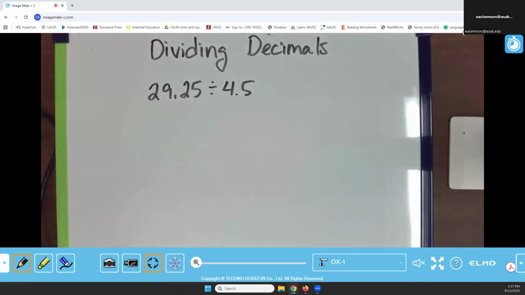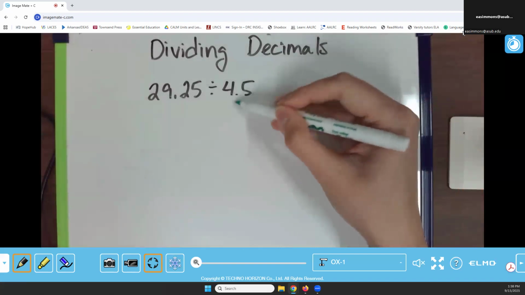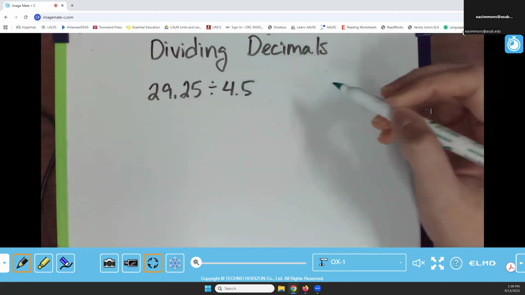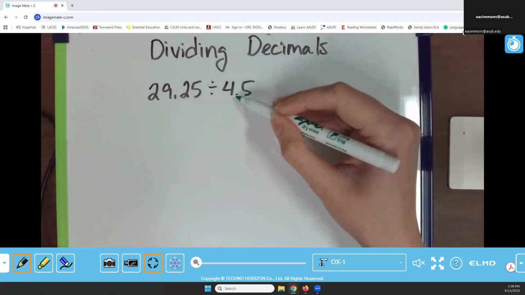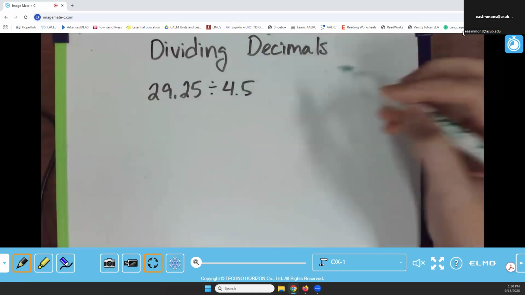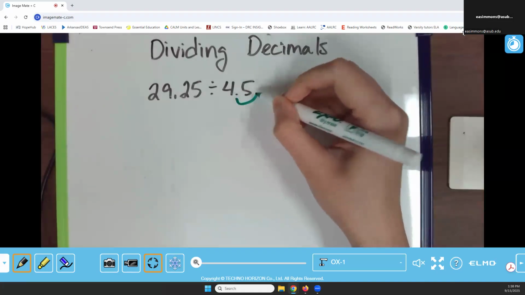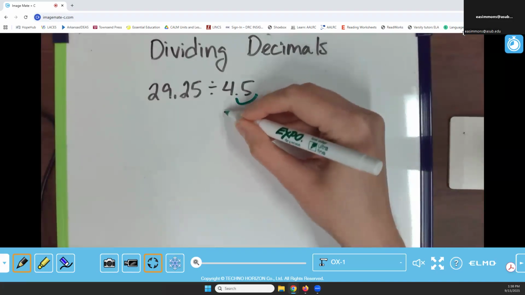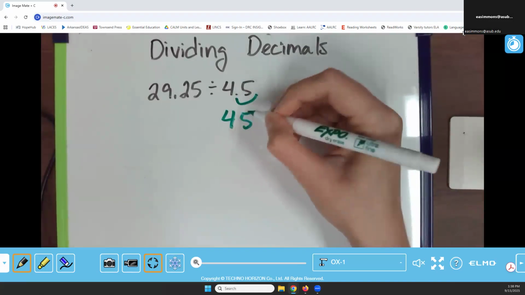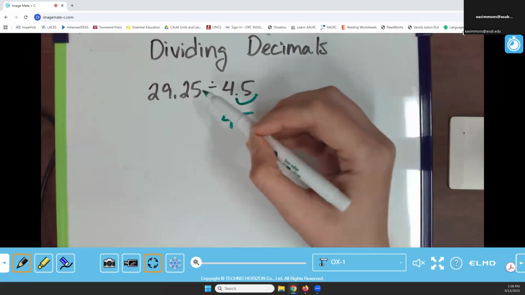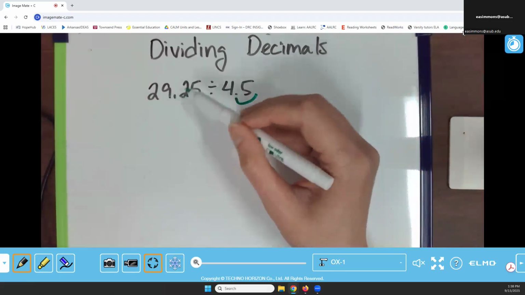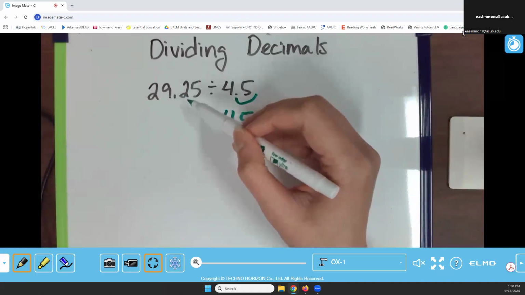So what we're going to do is change our 4.5 into a whole number, and we can do that by multiplying it by 10 or by just moving our decimal point over. So we're going to move it over one spot. 4.5 turns into 45, but we need to keep our expression balanced.